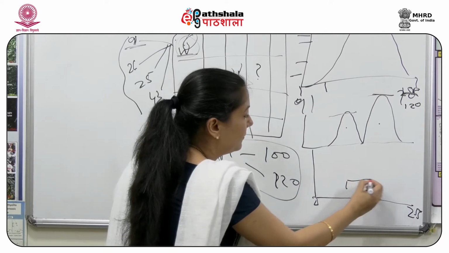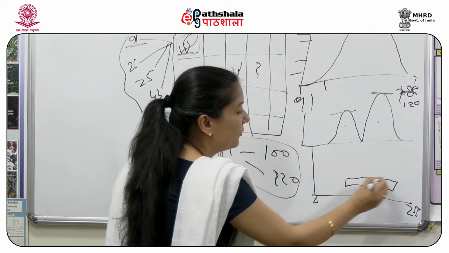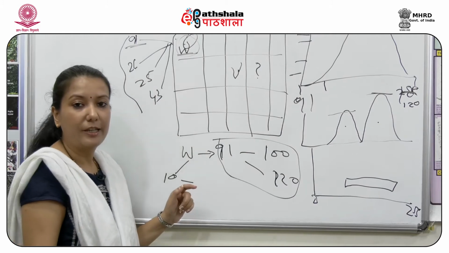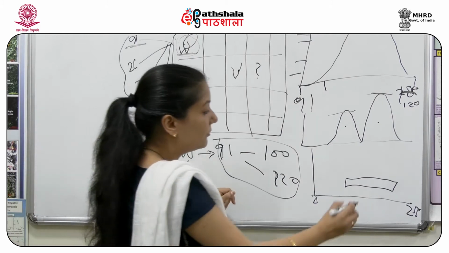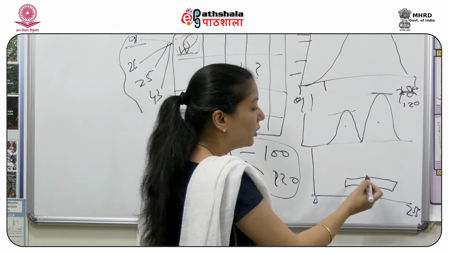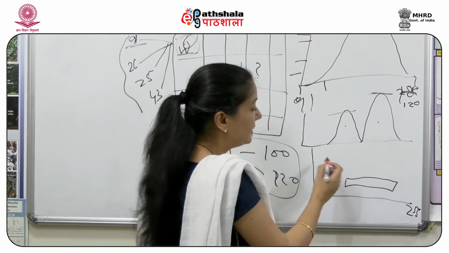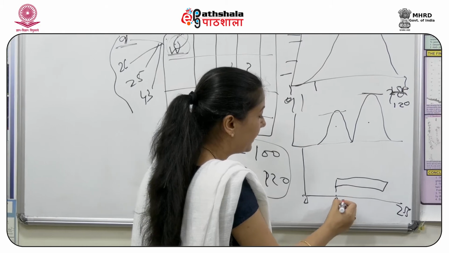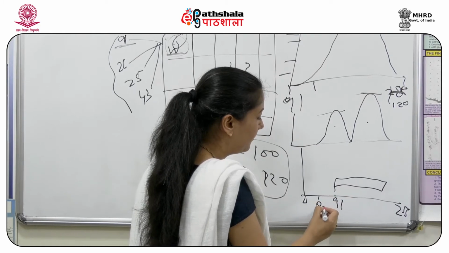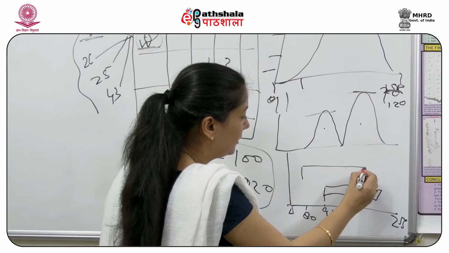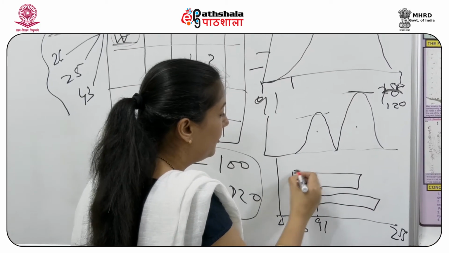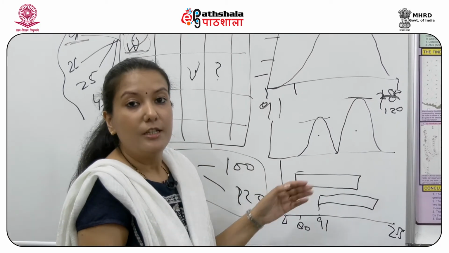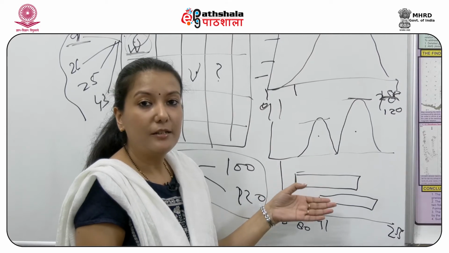So you will have a plot like this for all the pixels where the range is varying. Now for the turbid water, suppose turbid water reflectance is less and it's varying between 80 to 100. So if this was representing 91 and here you have 80, here would be the plot for your turbid water. So this is known as your spectral plot.